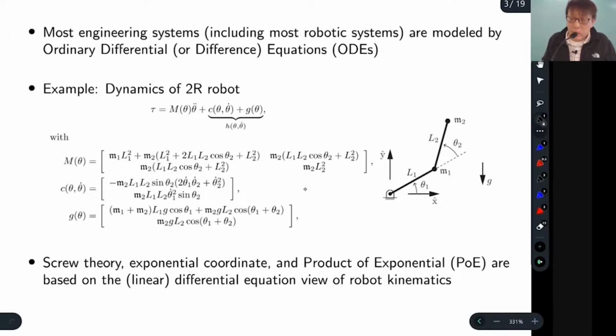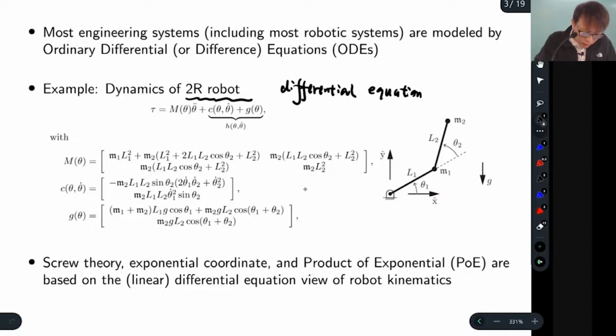I gave an example here, the dynamics of 2R robots, from the Modern Robotics book. This is nothing but a differential equation in the variable theta, and it involves second order derivatives of theta as a function.